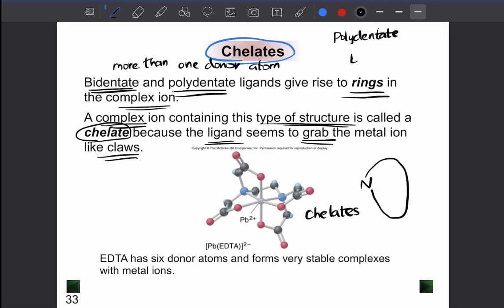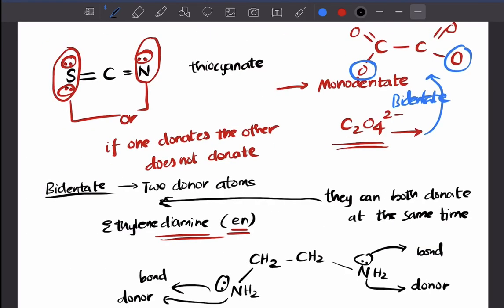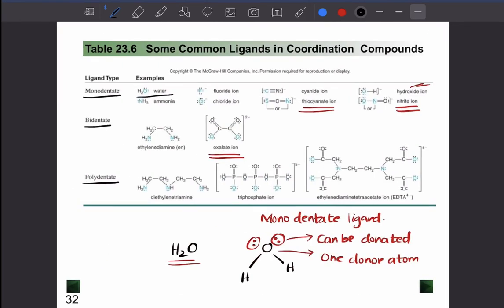Polydentate, another example of that is EDTA, ethylene diamine tetraacetic acid. So this is ethylene diamine tetraacetate ion, or EDTA. This is an example of a polydentate ion. In EDTA, there are 6 different elements that can act as donors. A triphosphate has three different elements that can act as a donor atom.